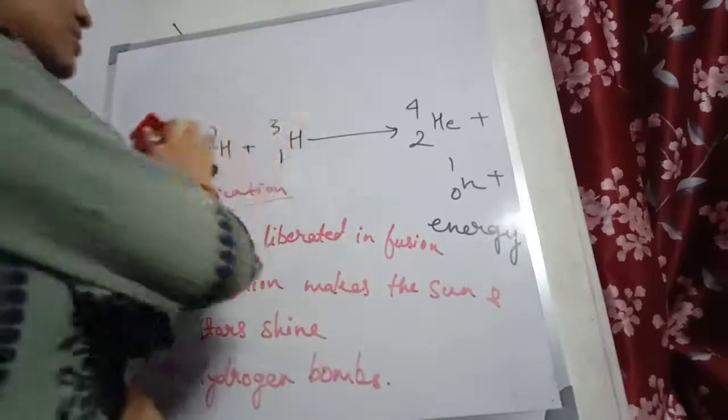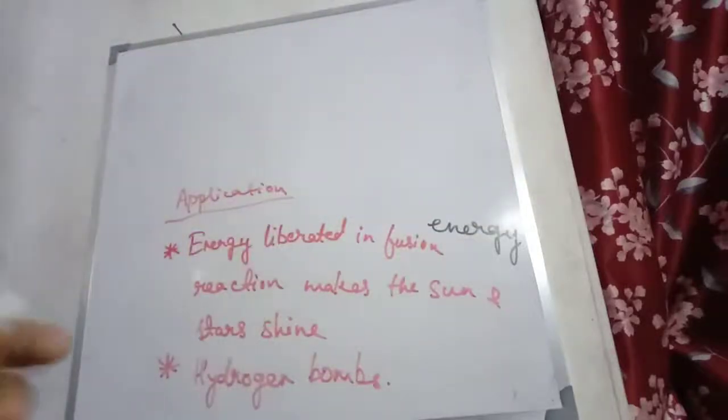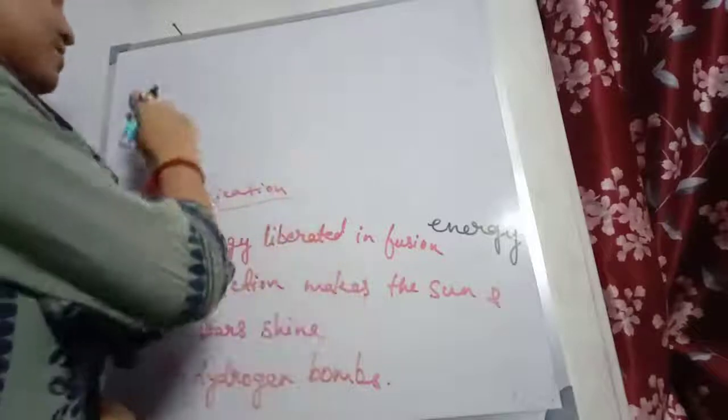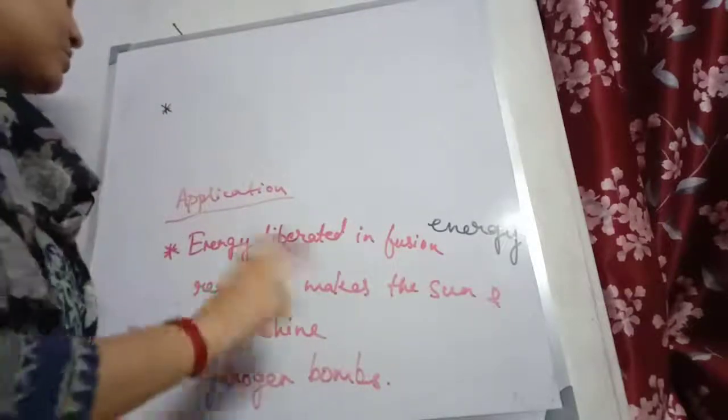Now one more point we just write. This is not under application, it is a separate one. I am writing with a star only, but it is a black star. It is separated from these two stars.